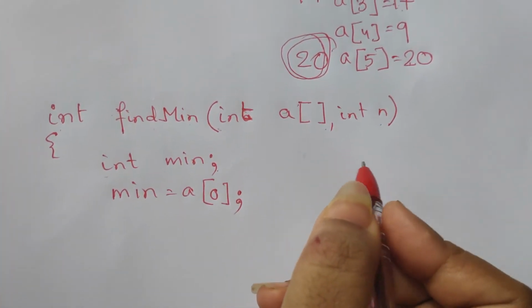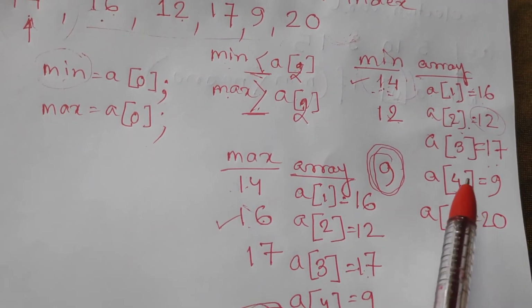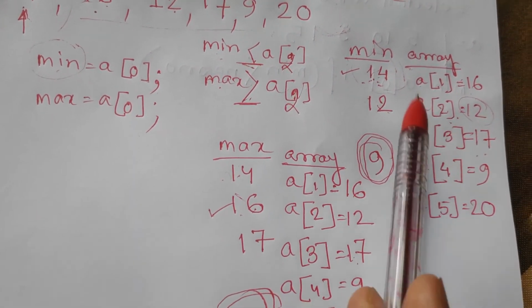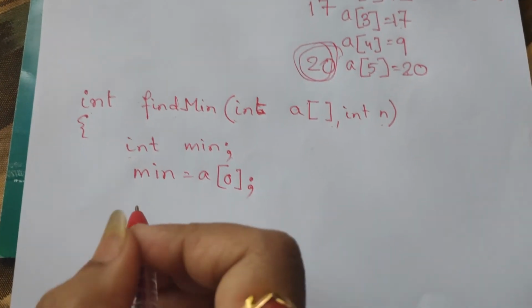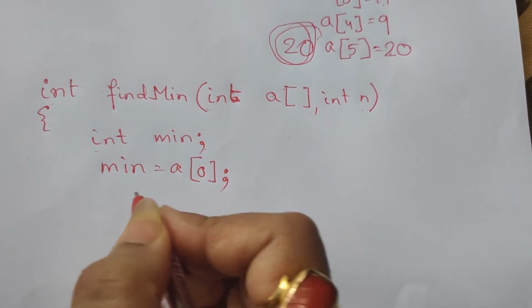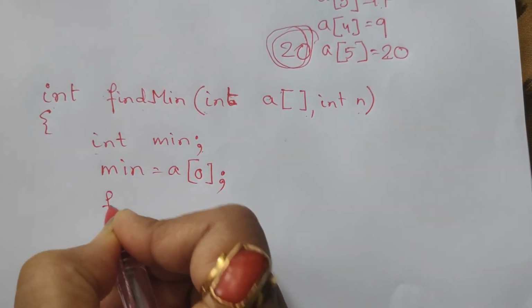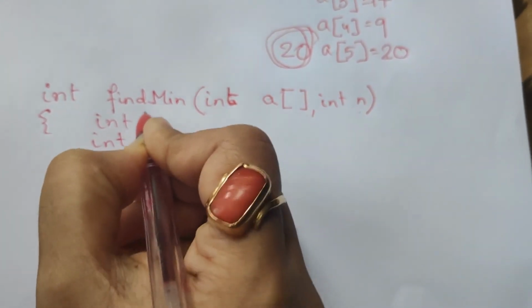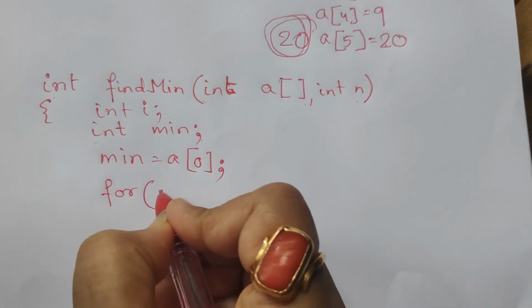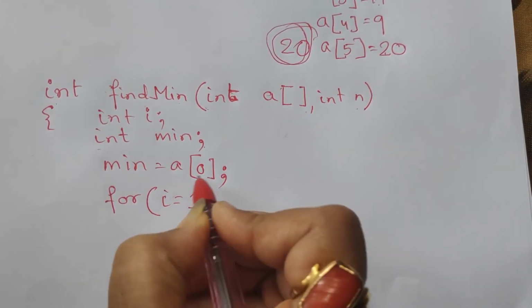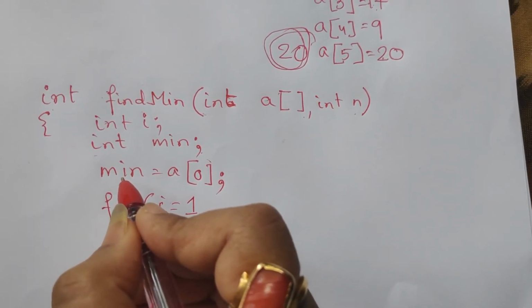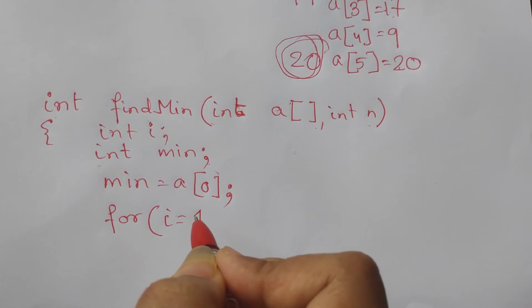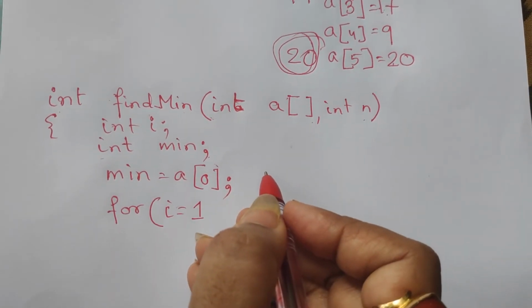Clear? And what is the next step that we just did? We will loop through the array and we will compare the minimum number with the elements of the array. So for looping through the array, we have to take a for loop, right? So we will need a variable over here. So for i equals 1, because the 0th element has already been initialized as the minimum, so we need not compare the 0th element with the 0th element of the array.